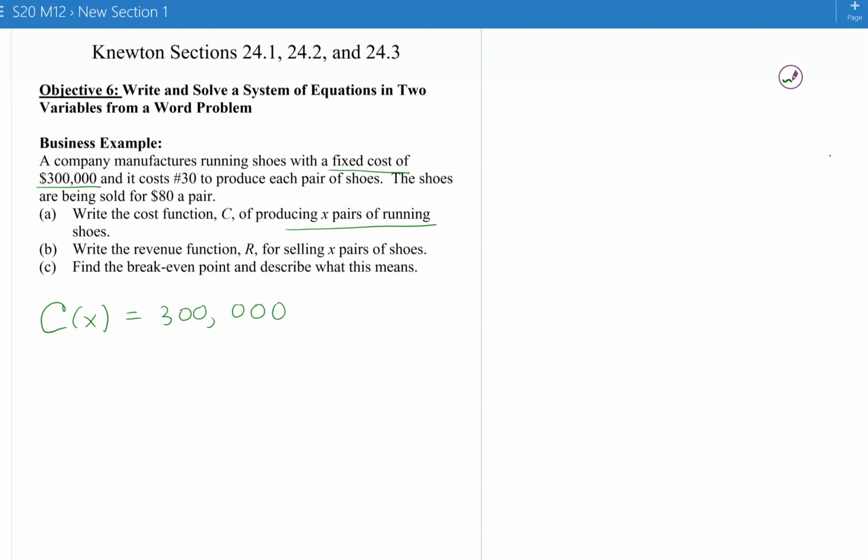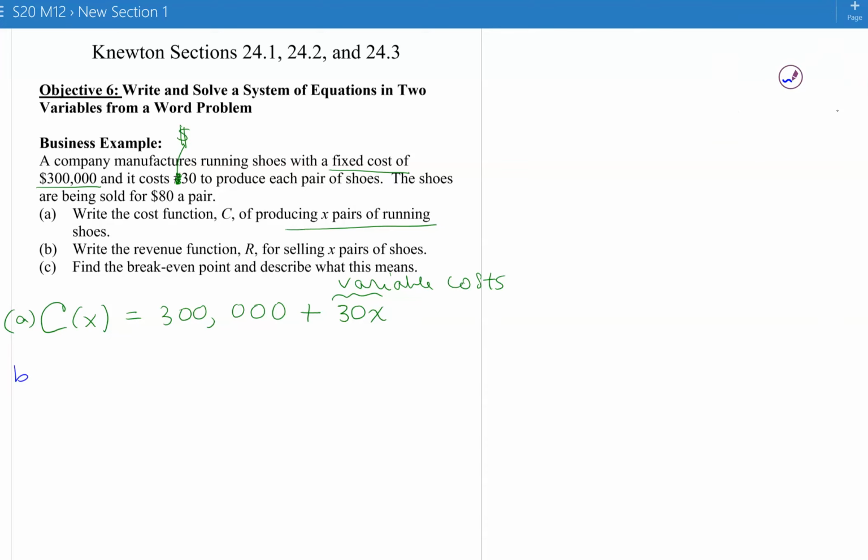So it's 300,000 plus, so fixed cost is 300,000, and then this hashtag was surely supposed to be a dollar sign. And $30 for each pair of shoes, so 30x is going to be what are called the variable costs. So there's my cost function. That's part A.